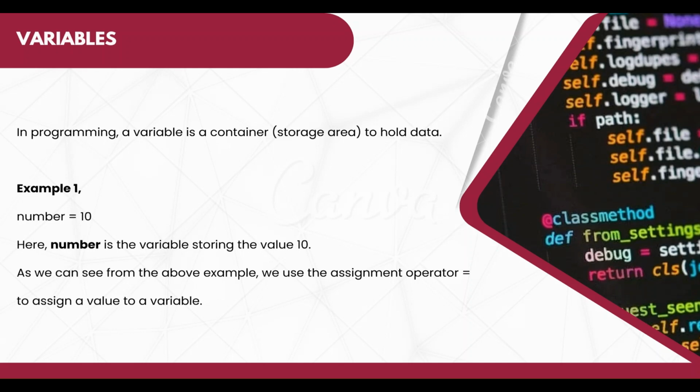For example, we have been given an example here. Number is the variable, and the data being held in that variable is 10. So we have a variable, then we have the value or the data that has been assigned to that variable. Here, number is a variable that is storing the value 10.